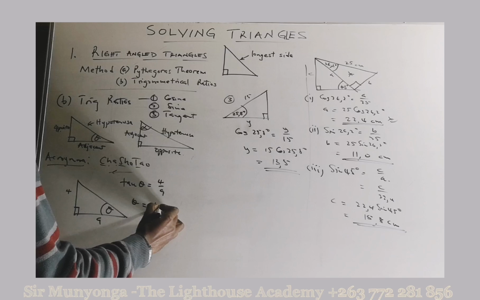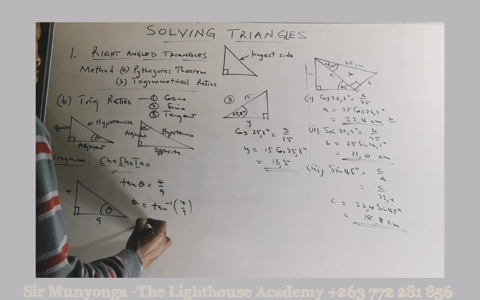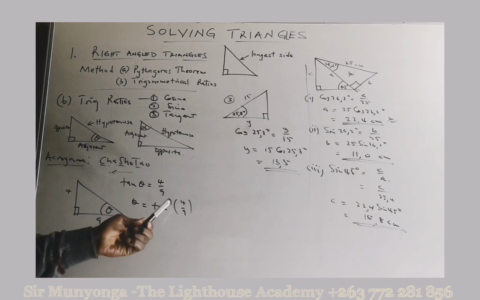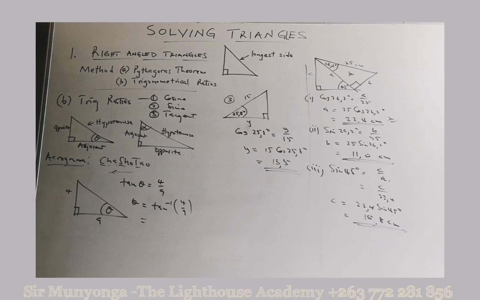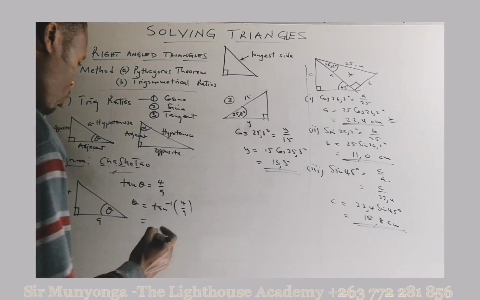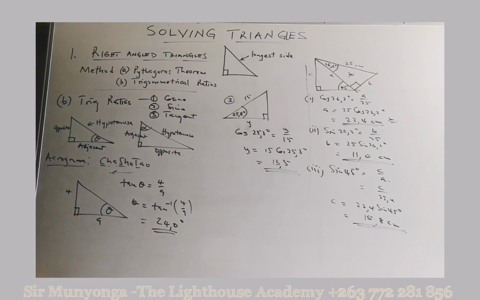So theta will be equal to arctan 4 over 9. On your calculator, if you want to access the function tan to the power minus 1, which is arctan, you access it via the second function, on the button of tan. So you say second function tan 4 over 9. That gives us 23.96. So to one decimal place, that becomes 24.0.